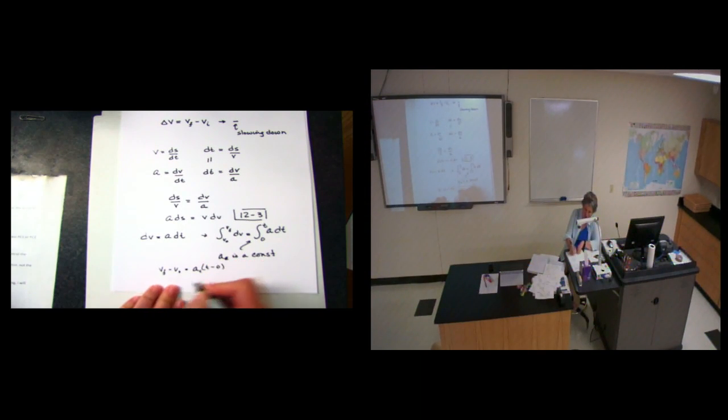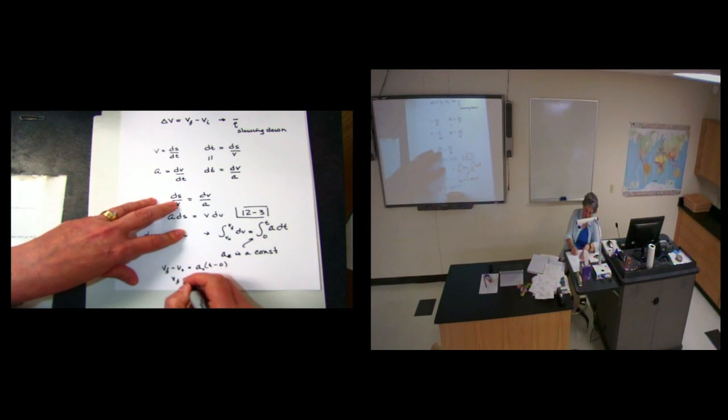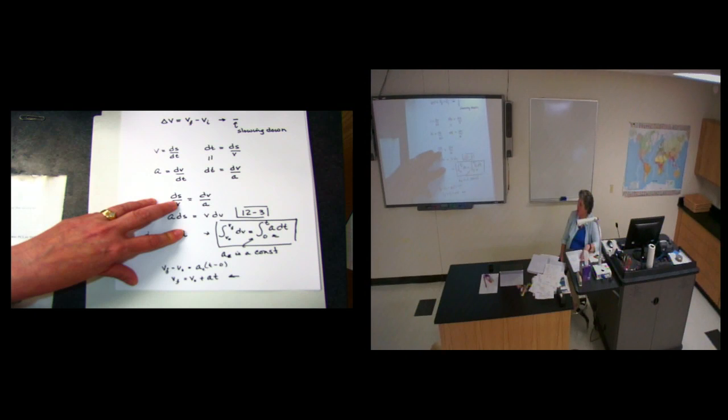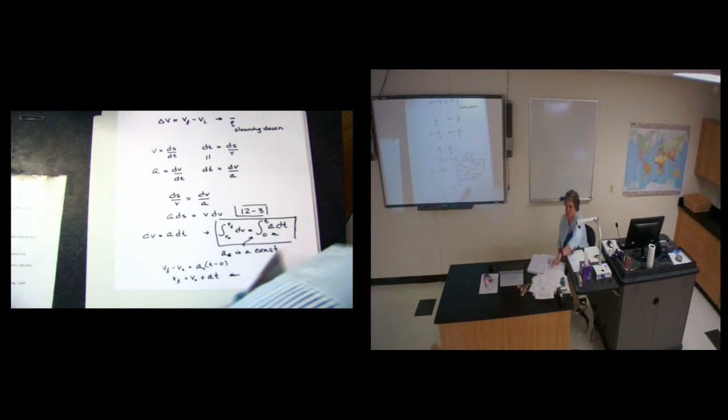This will give me v squared minus v initial squared equals 2a times my change in position. And this is 12-6. Again, the key is this is when it's constant, but I can start playing with these equations and acceleration doesn't have to be a constant.